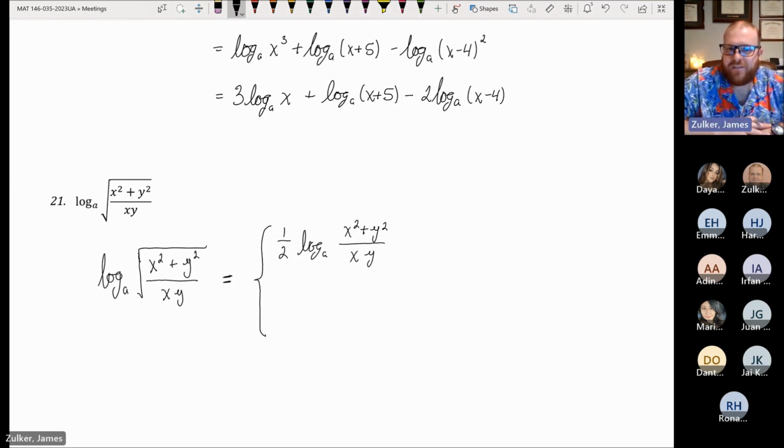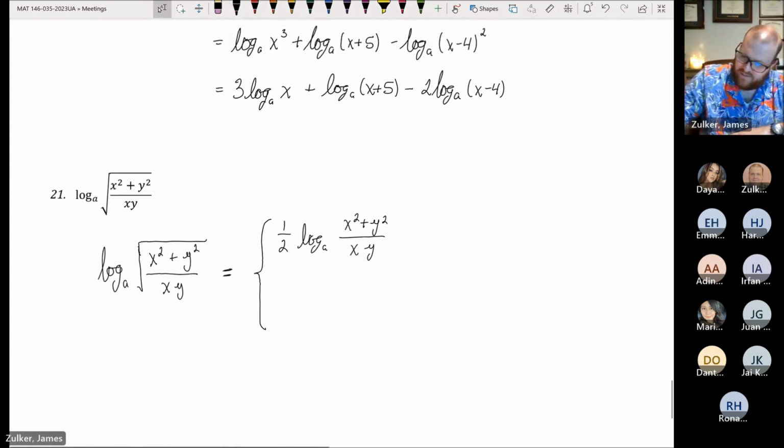That's the first way. Or we could recognize this as a quotient.